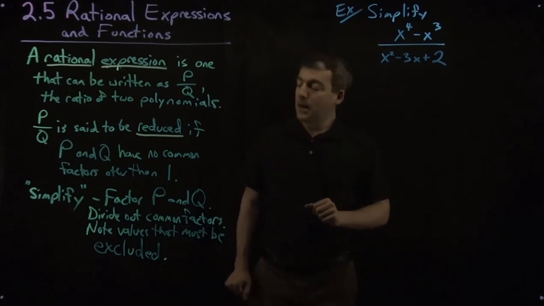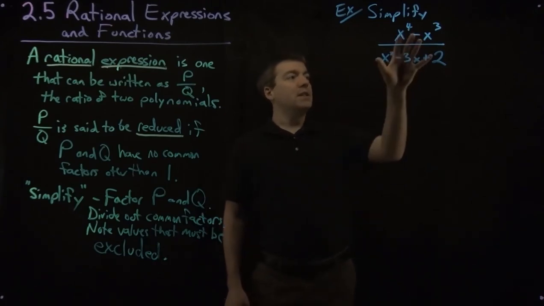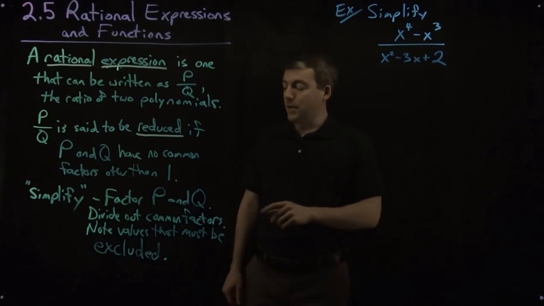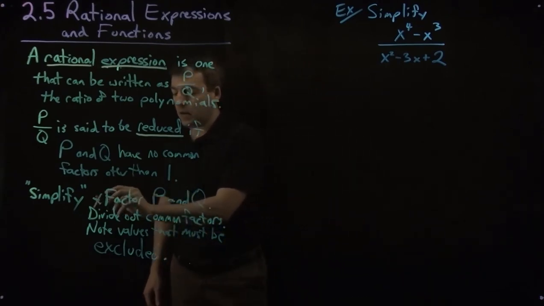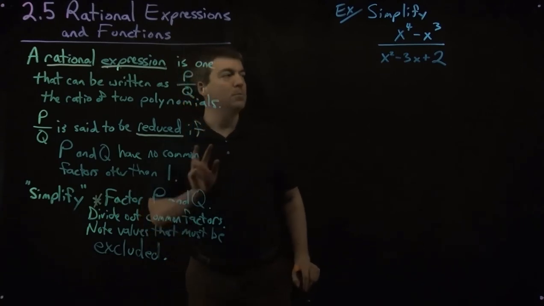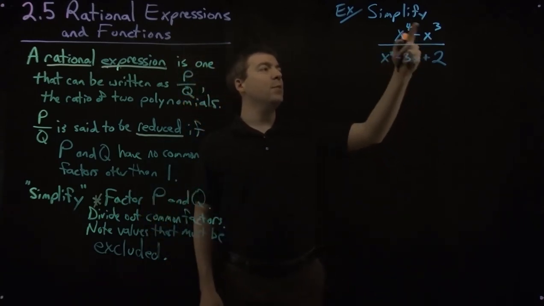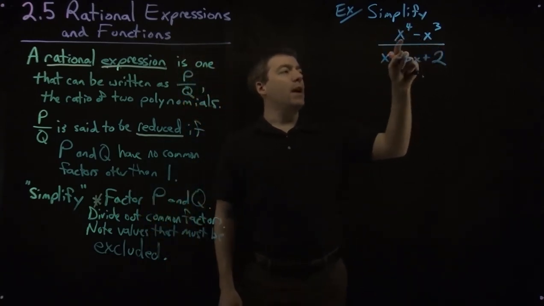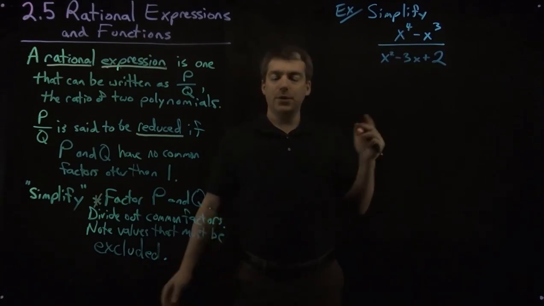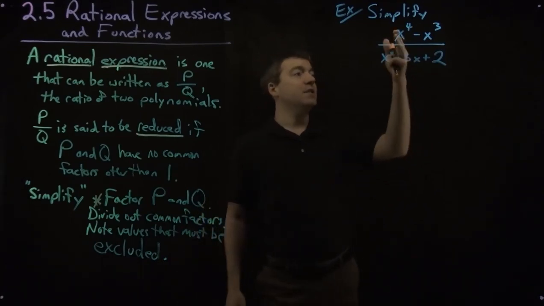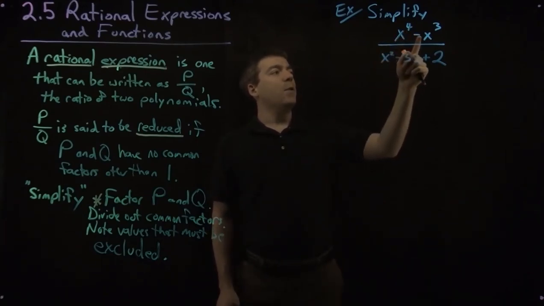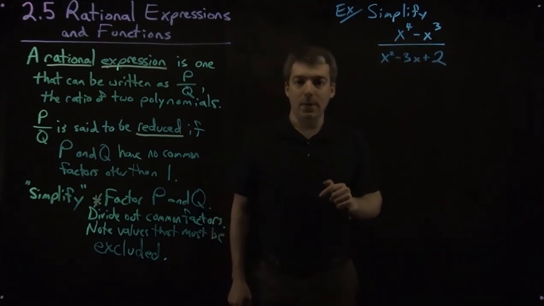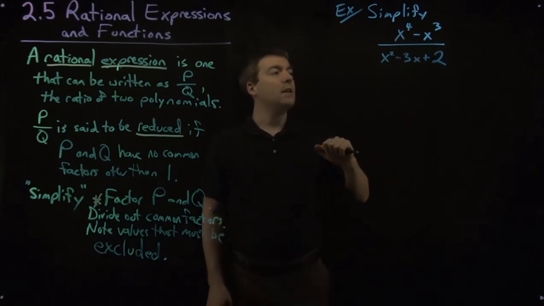We'd like to simplify this, and to simplify, we're going to factor p and q. Let's start with the numerator. We've got two terms, and the first thing we like to do when we factor is to look for any common factors between the two. X to the 4th and x to the 3rd both have a common factor of x to the 3rd.